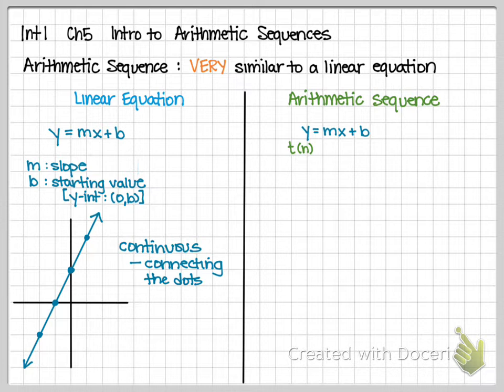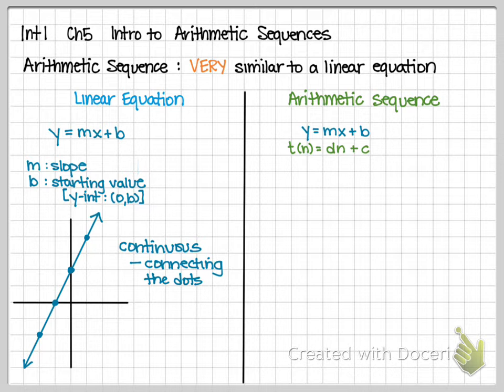So it's the replacement. We're still going to have a slope, but we're actually going to refer to it as the common difference this time. So we're going to call this d. And since the y was replaced with t of n, with the whole idea of function notation, the thing inside the parentheses would be the same value that goes right next to the slope. So this is going to be d n plus c.